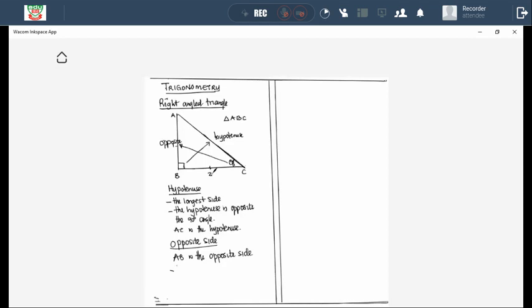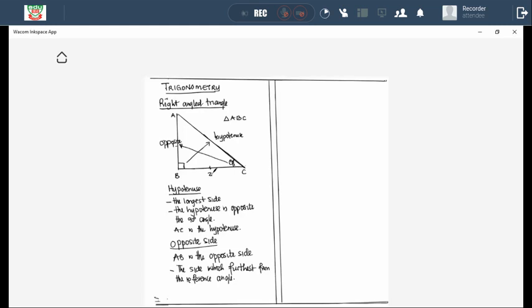We said it is the side which is furthest from the reference angle.